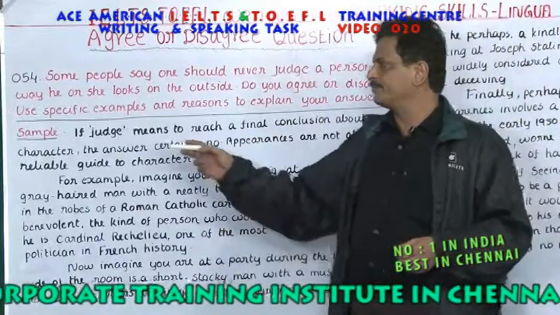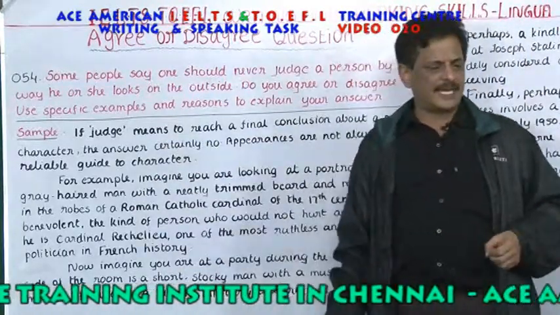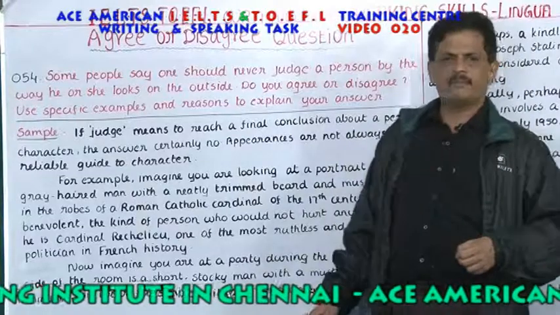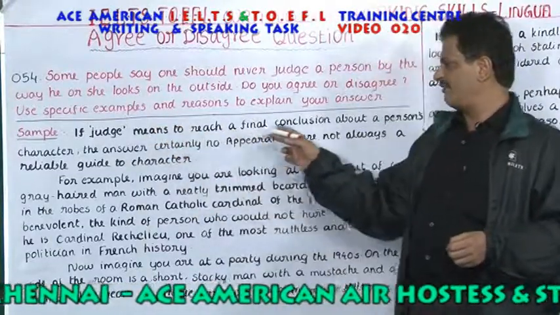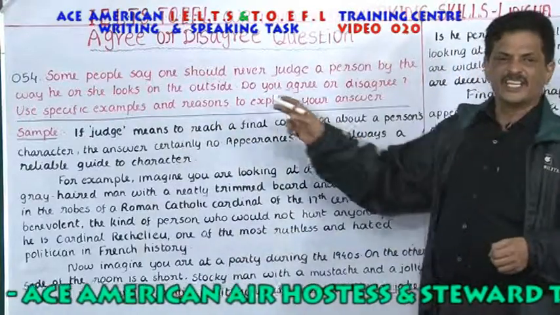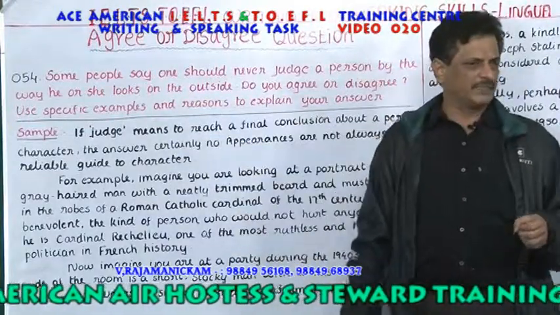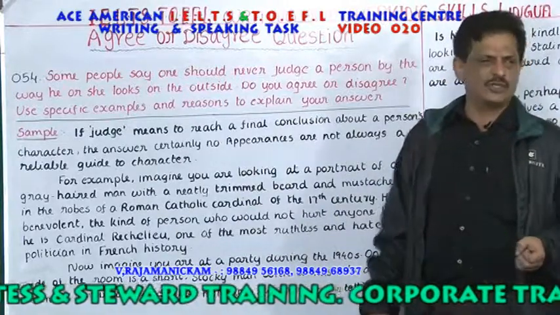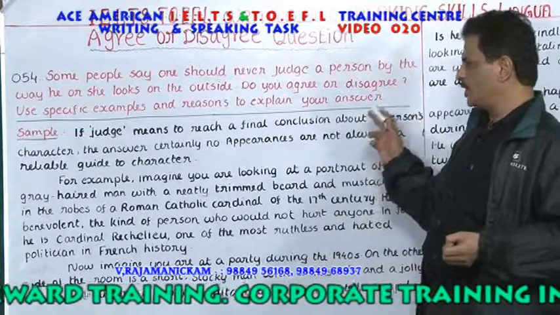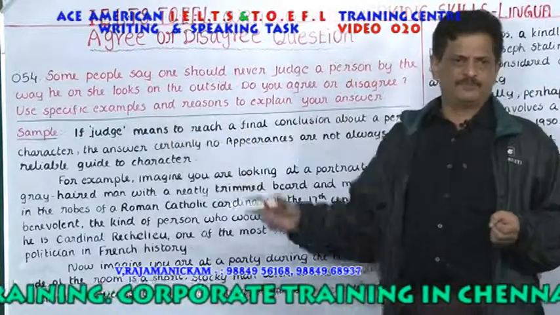So coming here, a sample exercise is given, an essay by Lingua Forum. What does judge mean? Judging a person means coming to a final conclusion about a person's character.